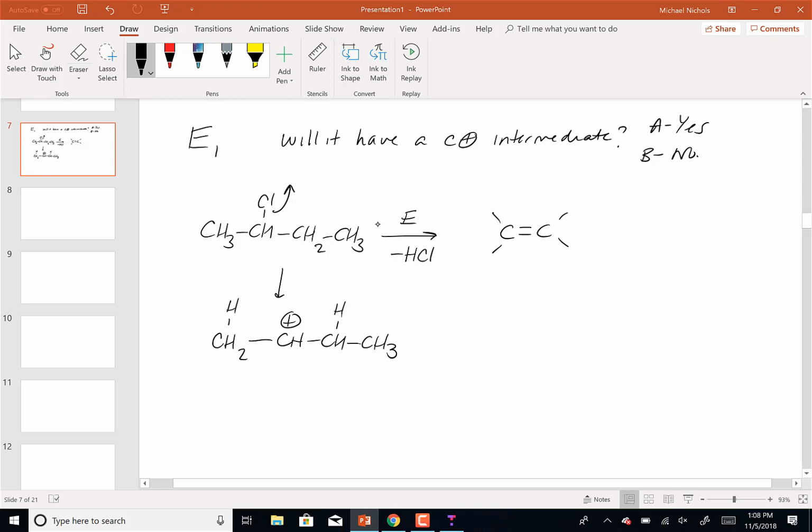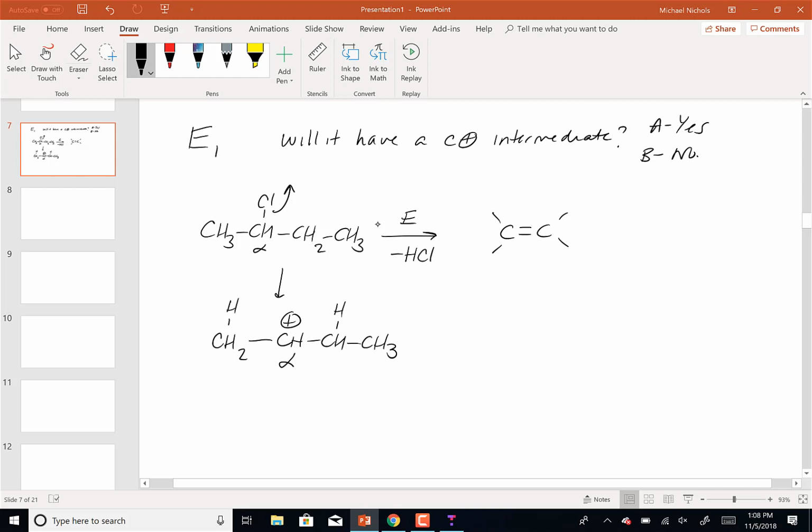So, let's see. What's the alpha carbon? In the alkyl halide, what's the alpha carbon? The one attached to the leaving group. So the alpha carbon is always the carbon attached to the leaving group, which will become the carbocation.